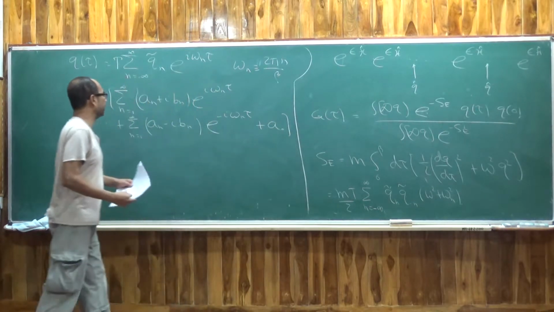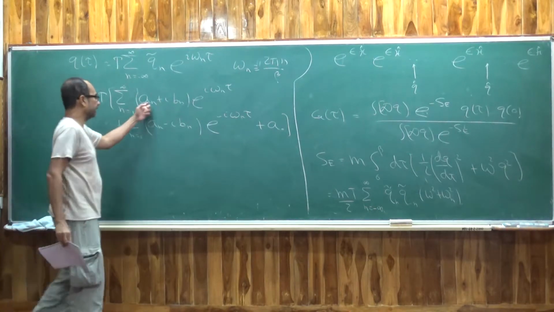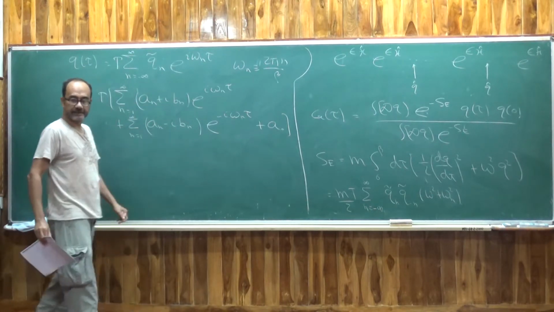Going from here to here, we had to use the appropriate reality condition on the Q tilde n to write this in terms of these coefficients a_n and b_n.